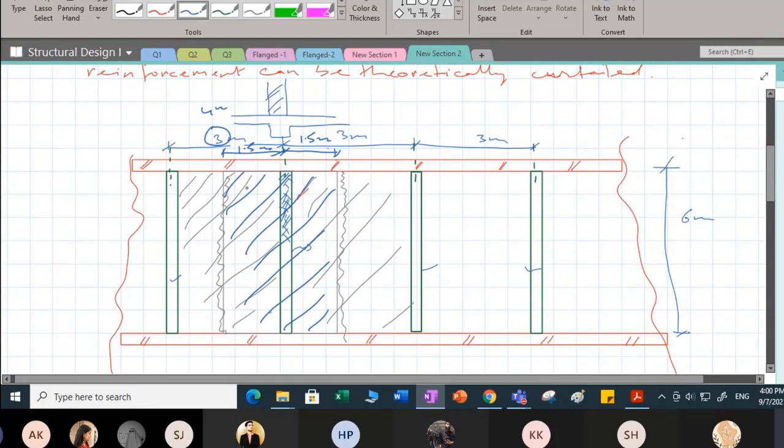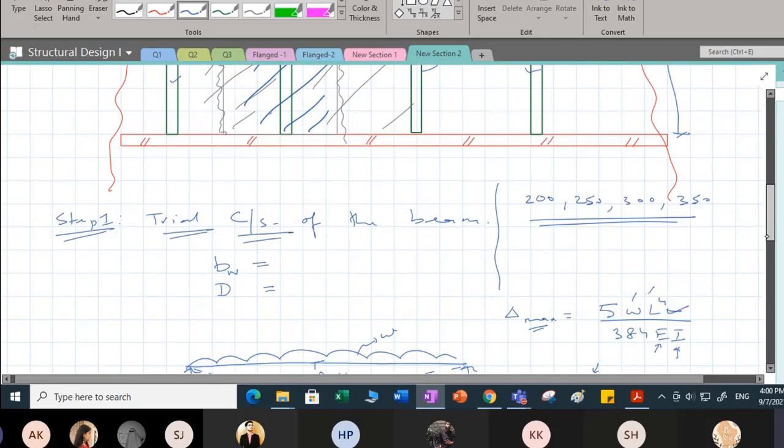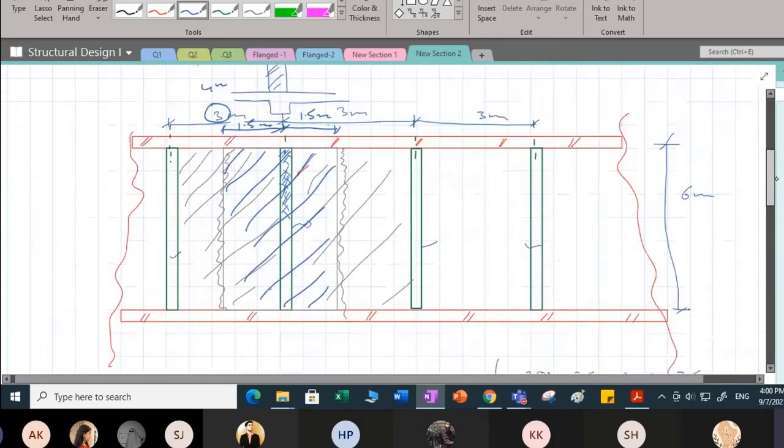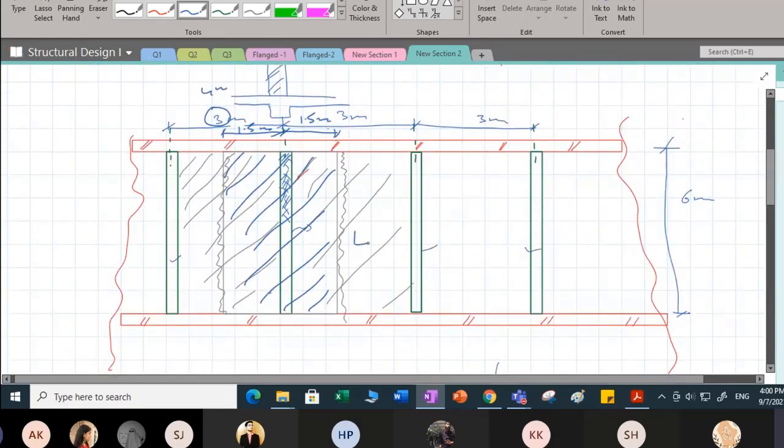I can multiply 6 into 3 into 6. Let me do that. Load from the slab. First I'll do dead load. So I have the load magnitude as 6 kilonewton per meter square, into 3, into what is the span of the beam? This L I'm talking about.